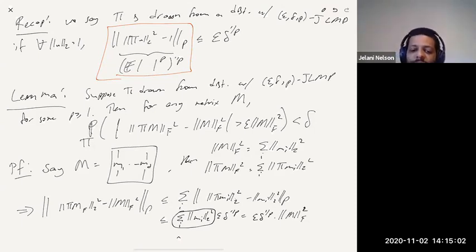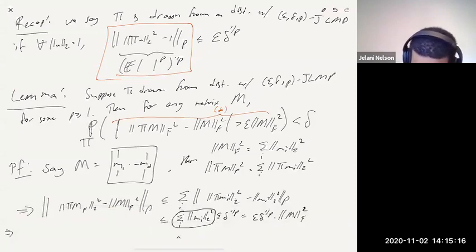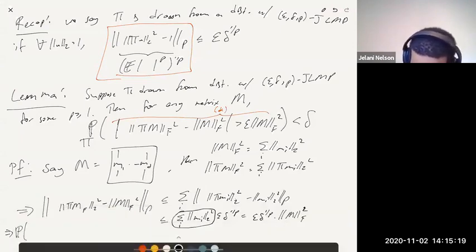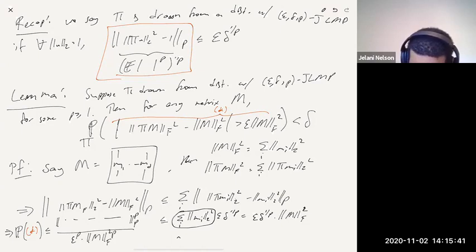Okay, and now what do you do? You do Markov's inequality. Let's call this event star. The probability of star occurring, by Markov on the p, after you apply the pth power to both sides, is at most the p norm, exactly what's above here, to the p, over epsilon to the p times the Frobenius norm squared to the p.